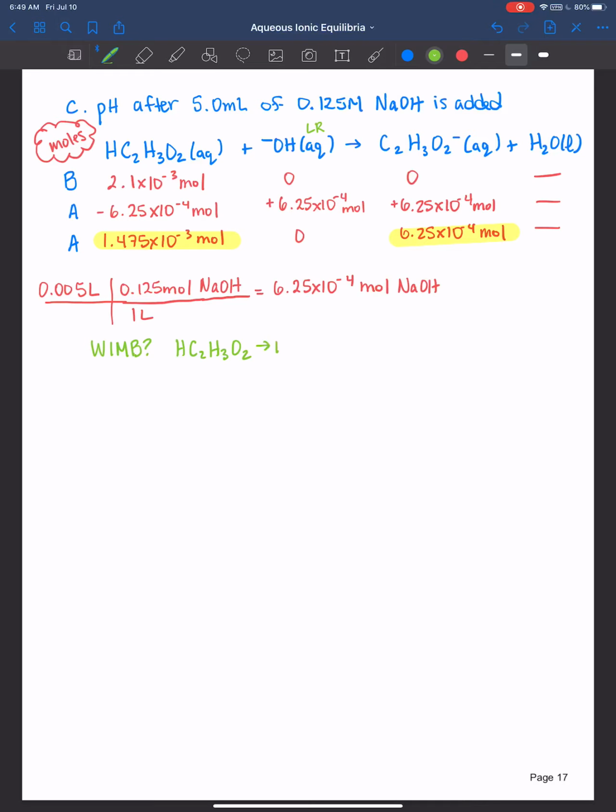Acetic acid, which is a weak acid, and acetate, which is its conjugate base. It's a weak base. If you have a weak acid and a conjugate base, what do you have in your beaker? You have a buffer.